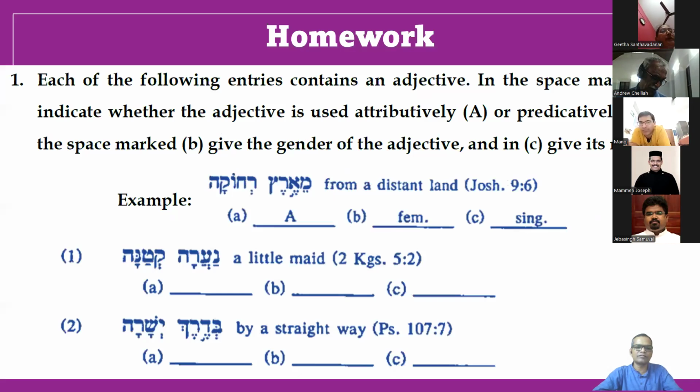Then the next word, ketana. The translation is little maid. So is it attributive usage or predicate usage? Attributive, it is right. How do you know that it is taking attributive usage? Which one is the adjective here?